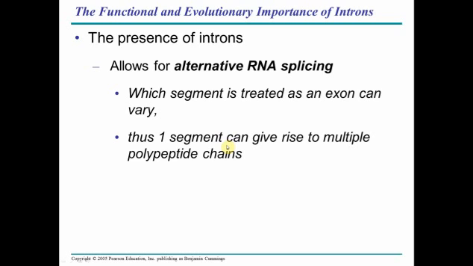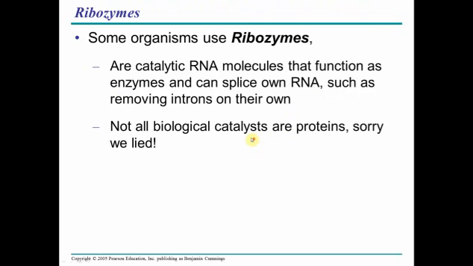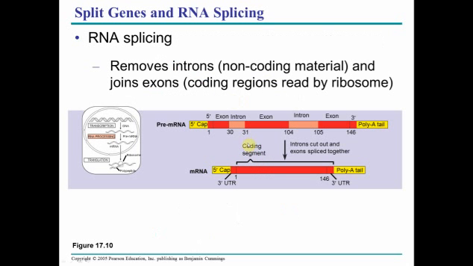Now, one interesting thing that affects the one gene, one enzyme hypothesis is this idea of alternative RNA splicing. If I go back a couple slides to here, because these exons are the only things that are kept and taken to the ribosome, the cell may consider introns to be in different places. This could be an intron, or this could be an intron, or this could be an intron.